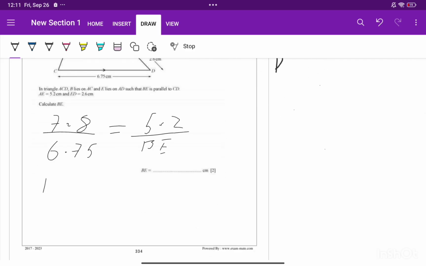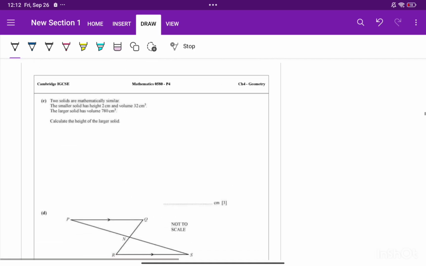So we will cross multiply, and BE will be 6.75 multiplied by 5.2 divided by 7.8, which is 4.5. BE is 4.5. This is our answer. Let's move to this part.